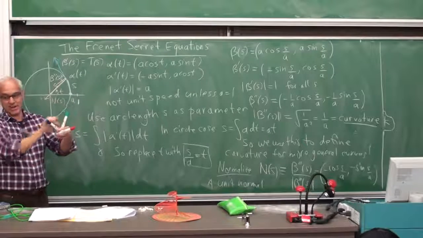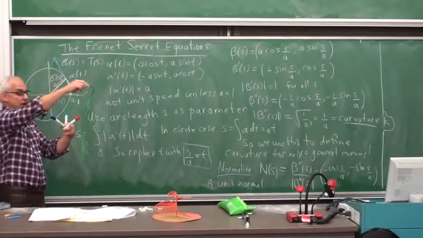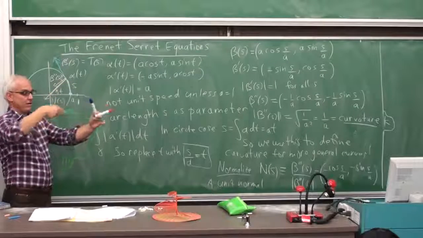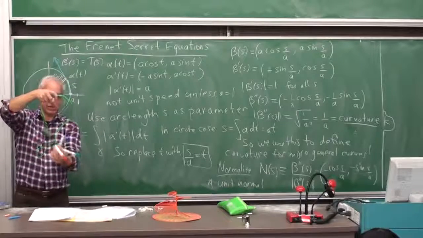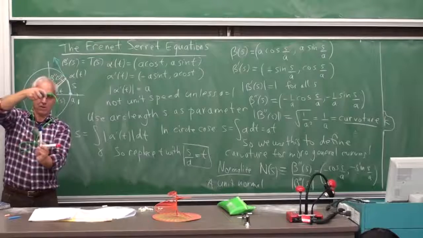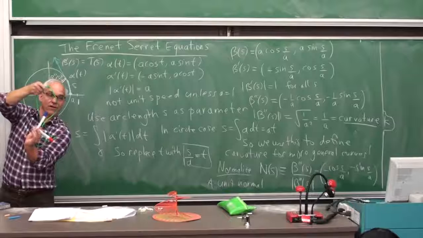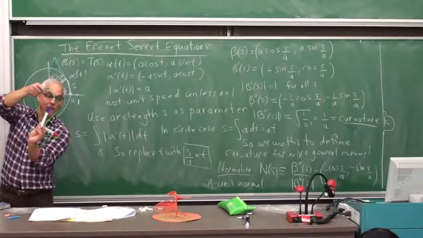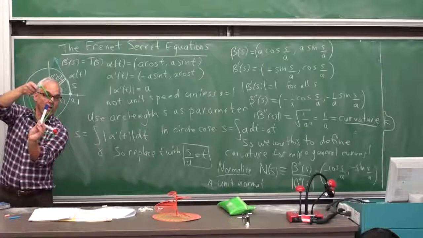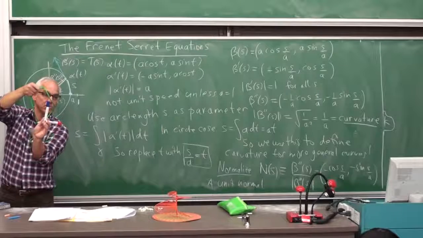As we traverse whatever curve we have, let's suppose that we're here. I'd have to orient myself so that the blue is going in the direction of the tangent, and the red one would be in the direction of the normal, and then the binormal would just be perpendicular to it.